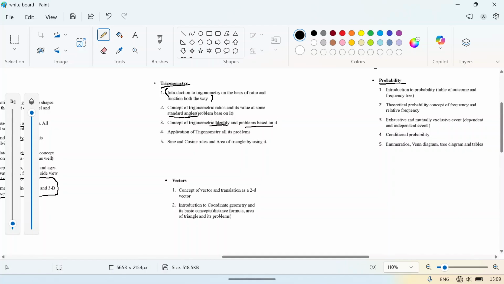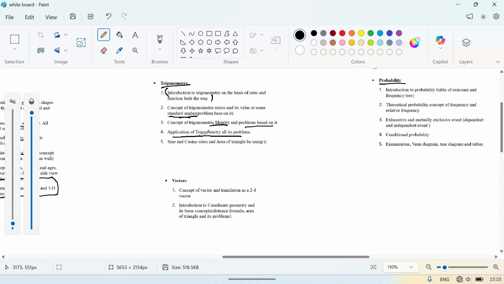We learn some identities related to trigonometry, and after that on the basis of those identities we are going to solve some problems. In the next session we solve some problems by using the identities and trigonometric value of trigonometric ratio and different angle.